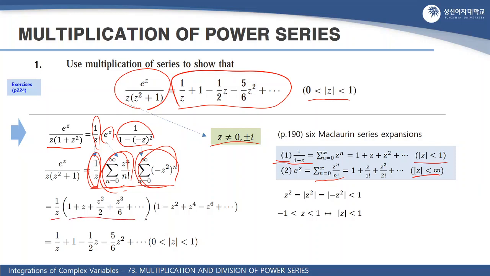So finally we get this: 1 over g plus 1 negative half times g negative 5 over 6 times g squared plus, over the punctured disk. So we have the result for this problem.